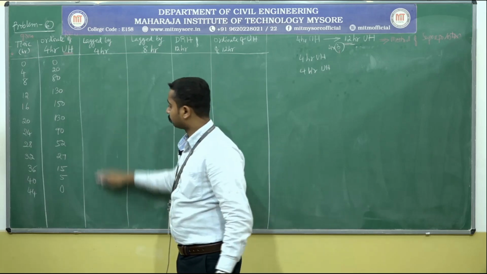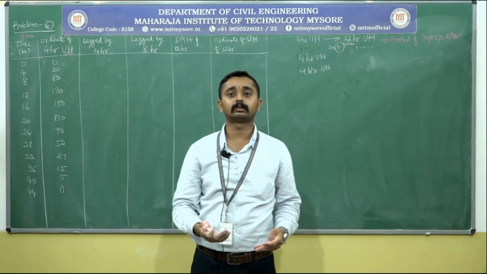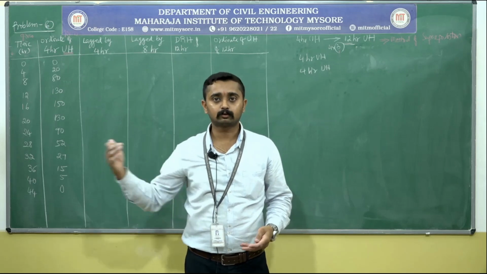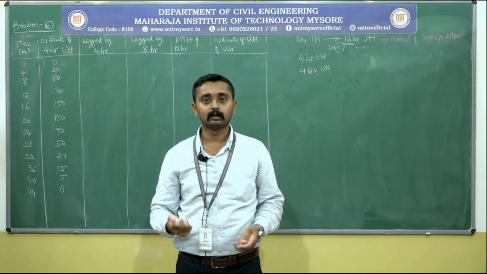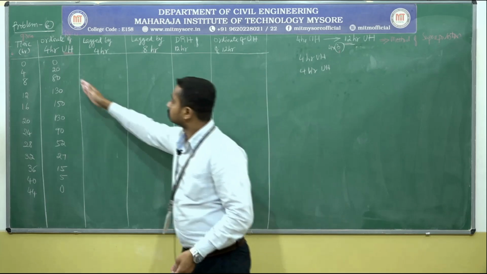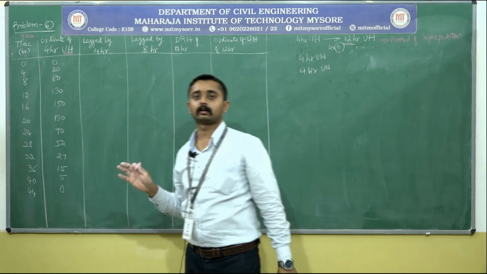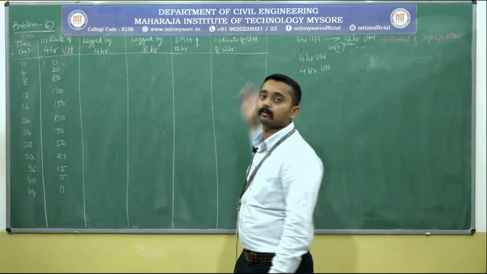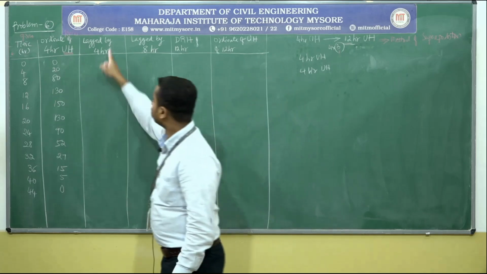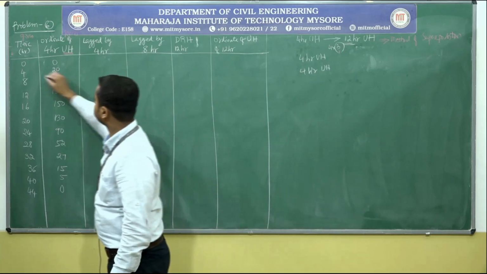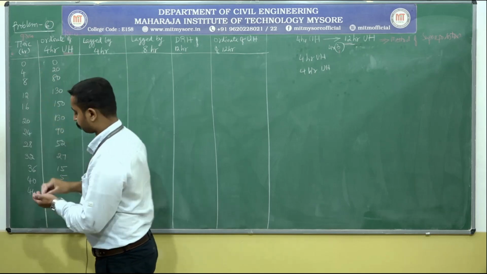Just lag, as I said in the method of superposition. While explaining the superposition method in the previous session, I explained you just lag the given unit hydrograph by the required number of times. Now lagged by 4 hour.